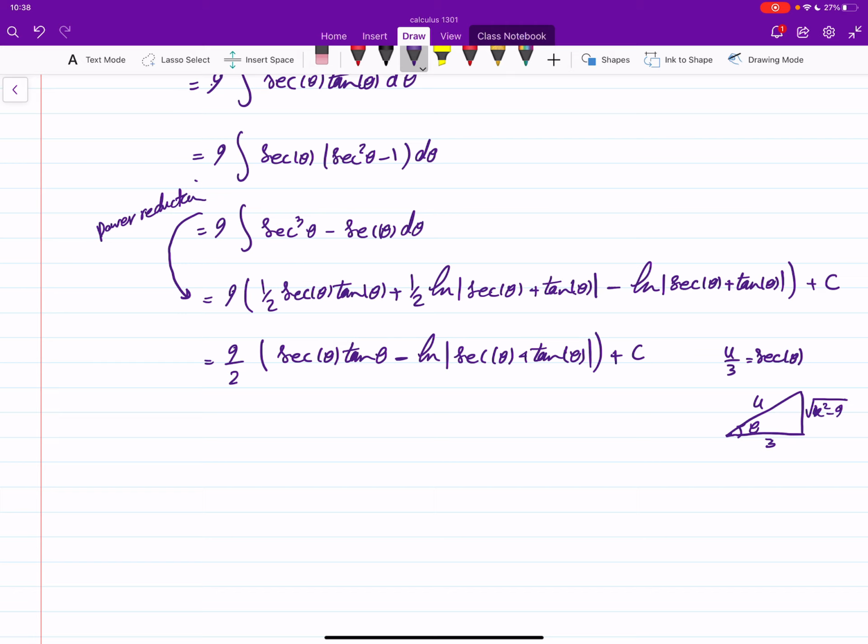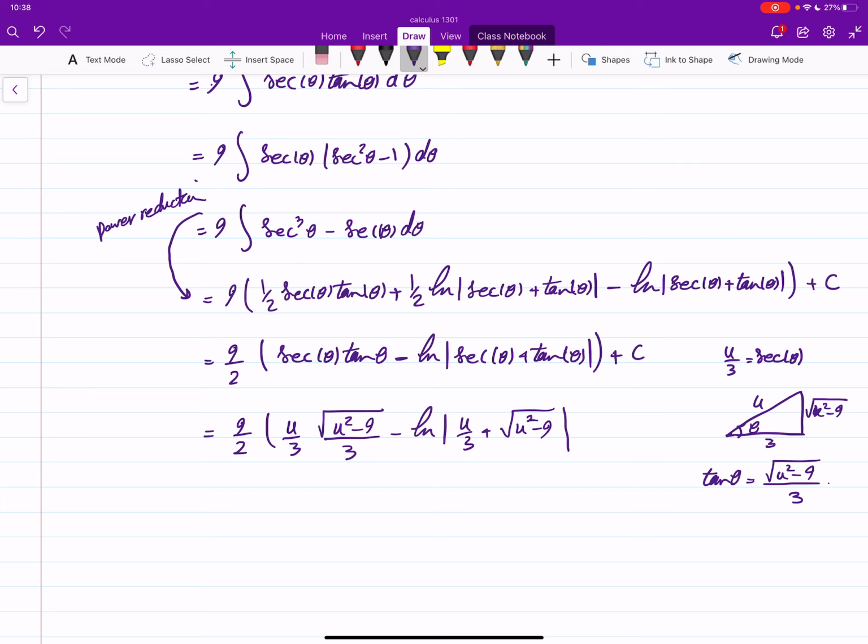And as a result of that, tan theta is going to be opposite over adjacent. Okay, so now we can plug in everything one by one. Secant is u over 3. Tan is square root of u squared minus 9 over 3, minus ln of secant, which is u over 3 plus tan, the square root of u squared minus 9 over 3, plus c.